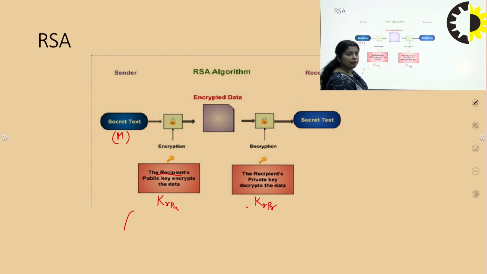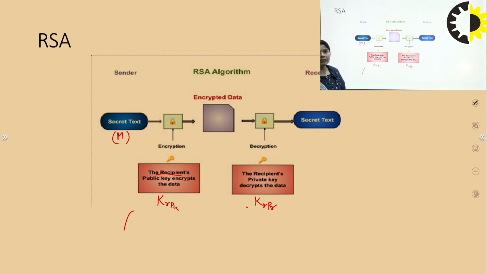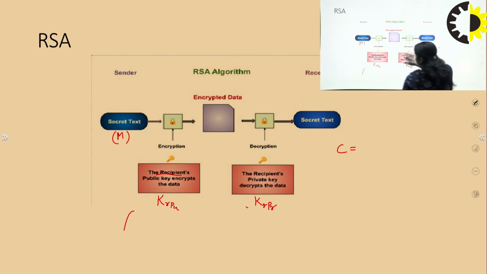So the formula you can derive from this, as we derived for asymmetric key encryption, we can derive here as RSA. The cipher text is the encrypted data. How do you get this cipher text?